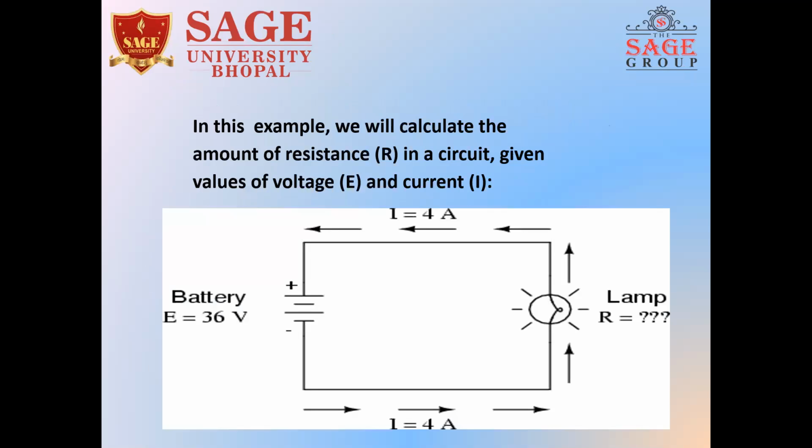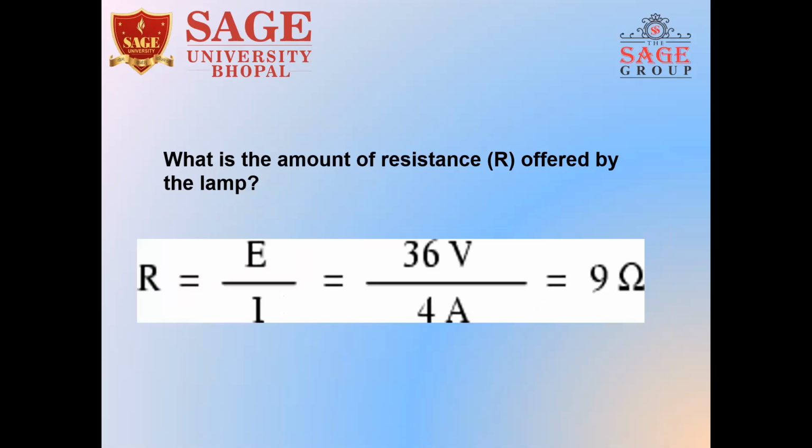And here is an example related to power, resistance and current. The given values are voltage and current, and we need to find the resistance. The resistance is R equals E by I. E is already given as 36 volts, I equals 4 amperes, and the resistance we get is 9.